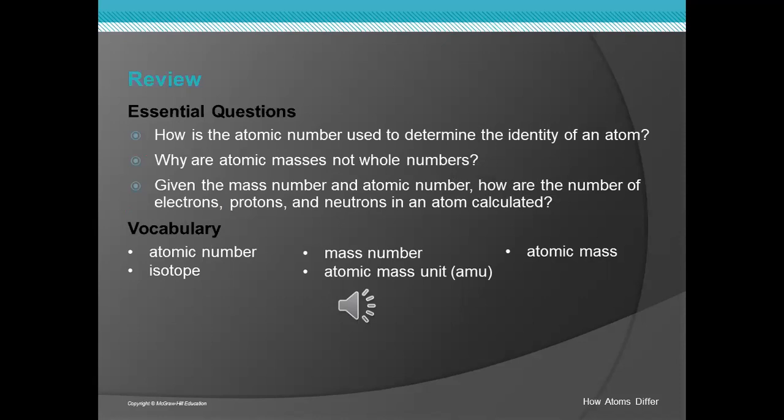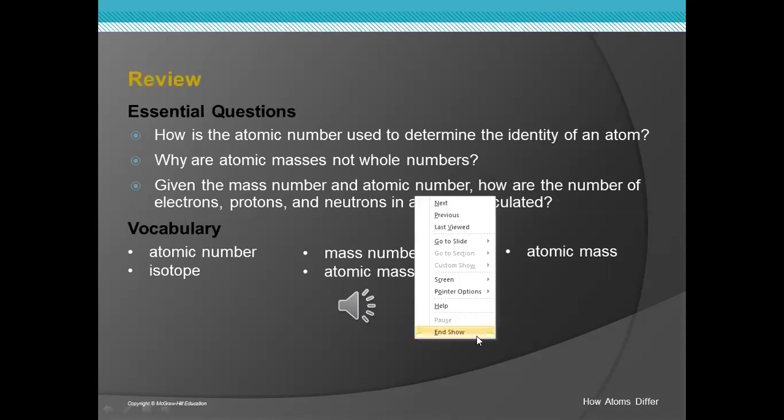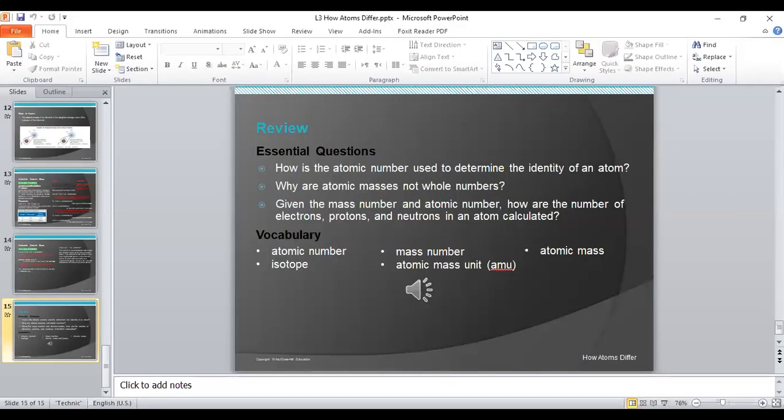Given the mass number and atomic number, how is the number of electrons, protons, and neutrons in an atom calculated? Vocabulary: atomic number, isotope, mass number, atomic mass unit (AMU), atomic mass. After this, we are going to answer the questions of this lesson.